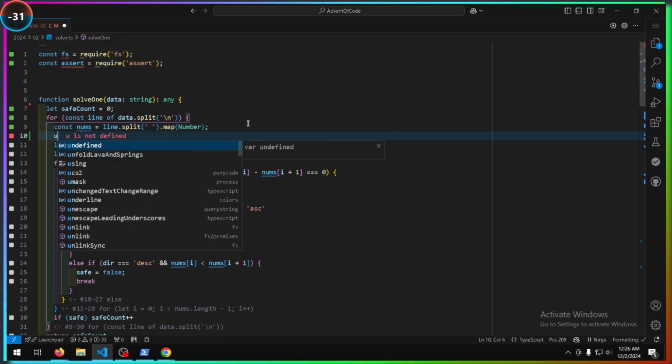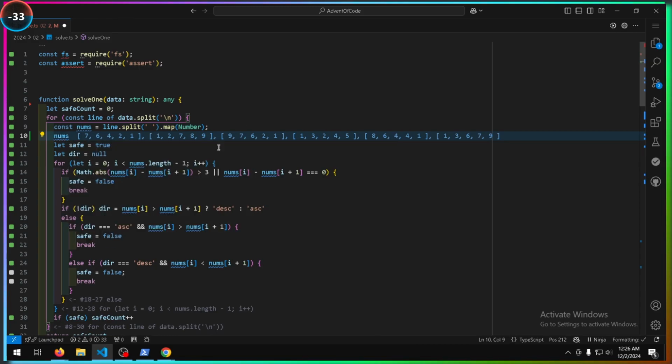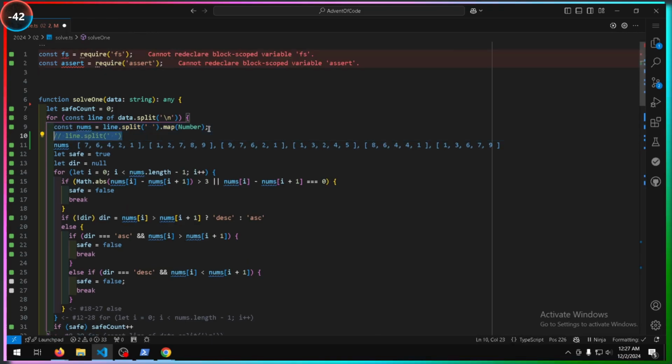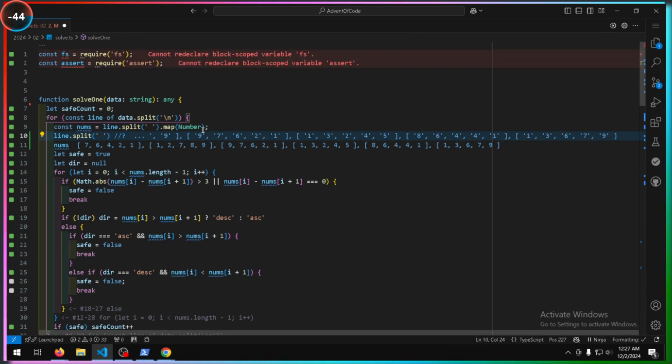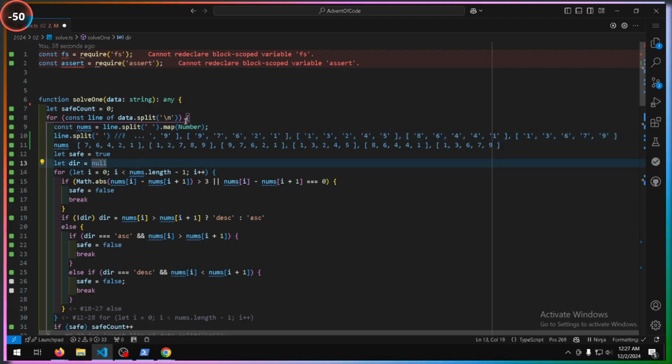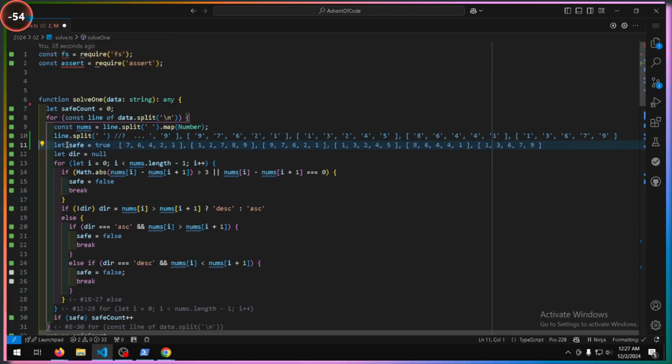Then we take that string and split it into the actual numbers. So we split by space, that gives us an array of strings containing the digits. Right there you can see an array of strings containing the digits. And then we pass it to the Number constructor, which gives us the actual numbers.